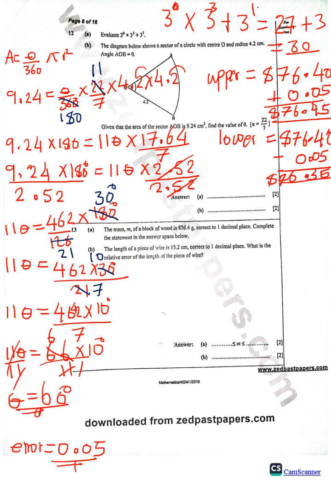So for the sake of space, I'll just write our answer here. You first begin with the lower, following the pattern. The upper is 876.45.